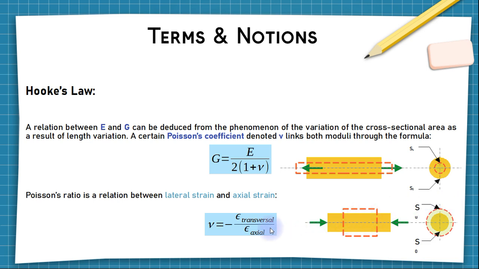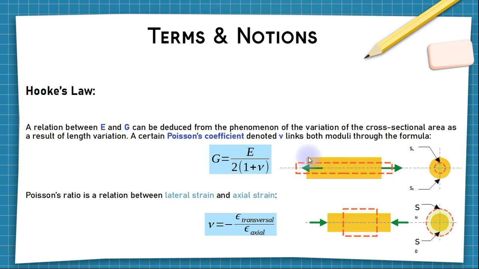So yeah, we got the Poisson's ratio, which is a relation between lateral strain and axial strain as well. So nu equals minus epsilon of the transverse over epsilon of the axial. And there is a little thing here: the reason we add the minus sign is because there is one that is going to be reduced, like in this case of the tension, we got the reduction in the cross-sectional area.